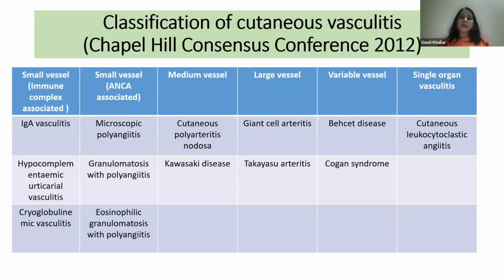The variable vessel vasculitis which we commonly come across is the Behçet's disease, which has many other features to it, maybe joint pains, abdominal pain, aphthae, and other things, and the Cogan syndrome. And again, the single organ vasculitis that I referred to earlier, which is the commonest, leukocytoclastic vasculitis. So this is actually the most common one that we see in our practice.